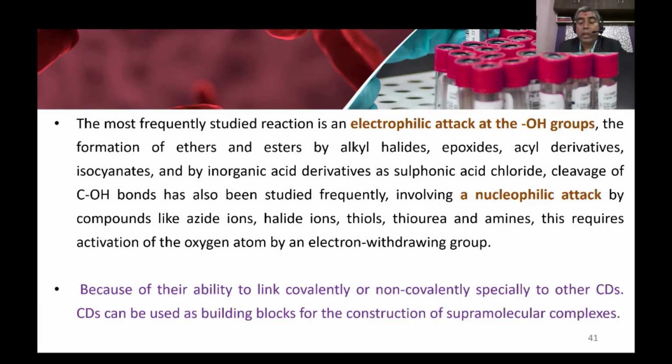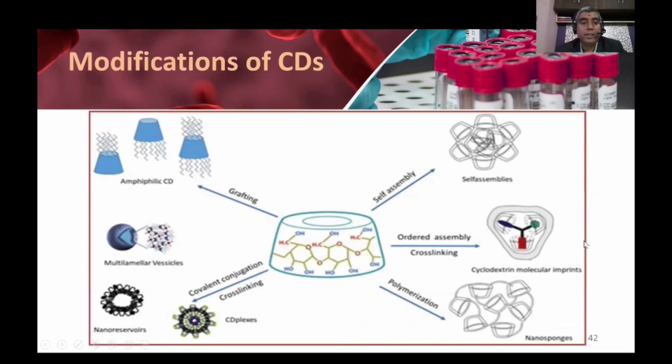Because of their ability to link covalently or non-covalently, especially to other cyclodextrins, cyclodextrin can be used as building blocks for the construction of supramolecular complexes. How we can modify the cyclodextrin and what we can get from it, we can see here.